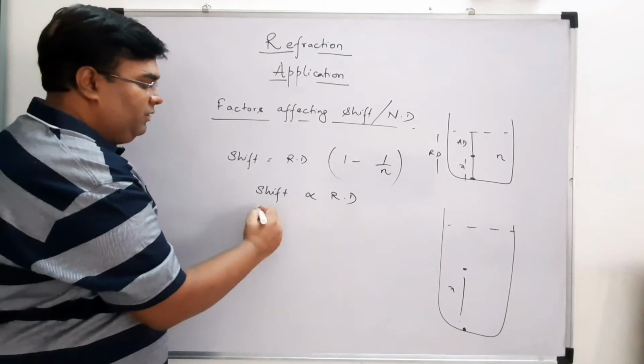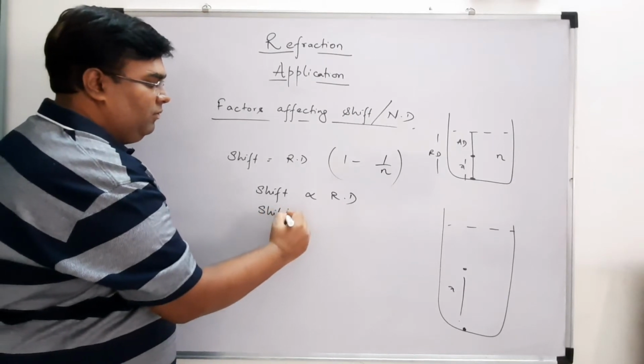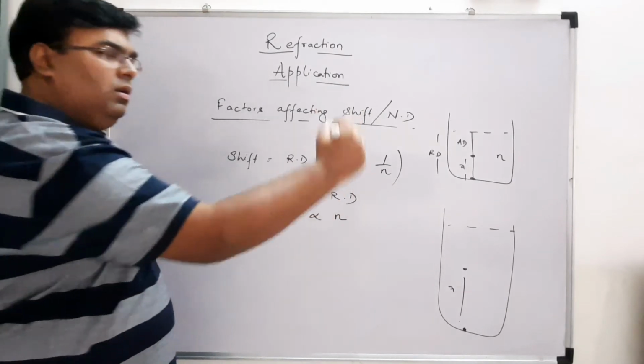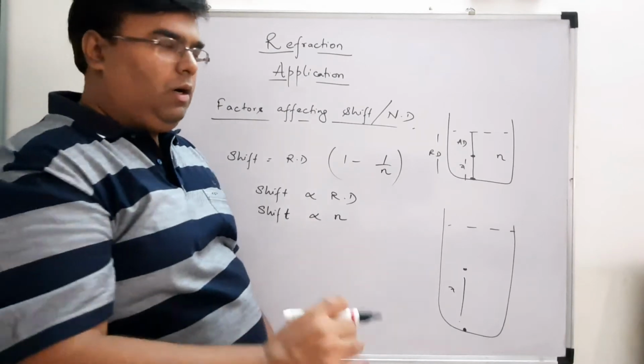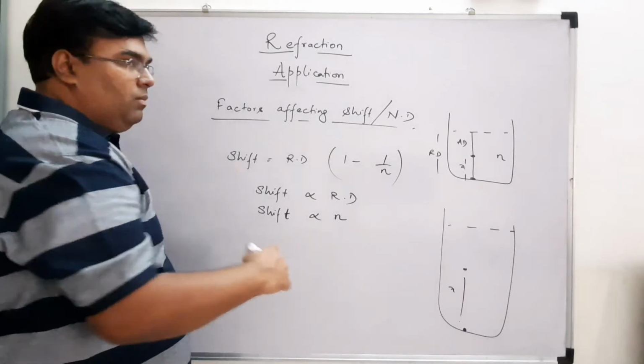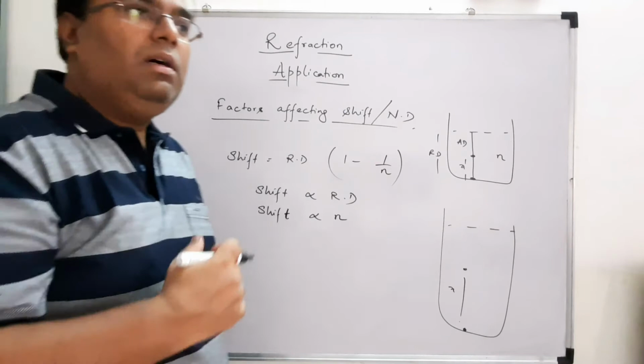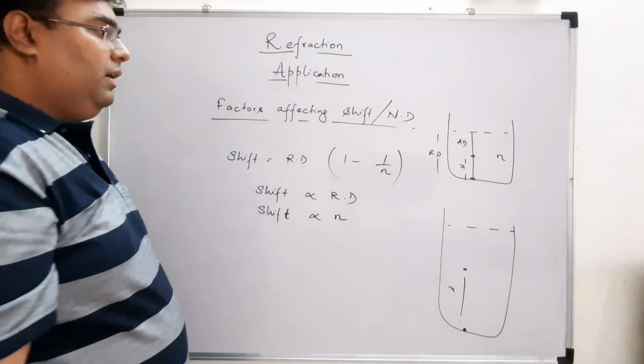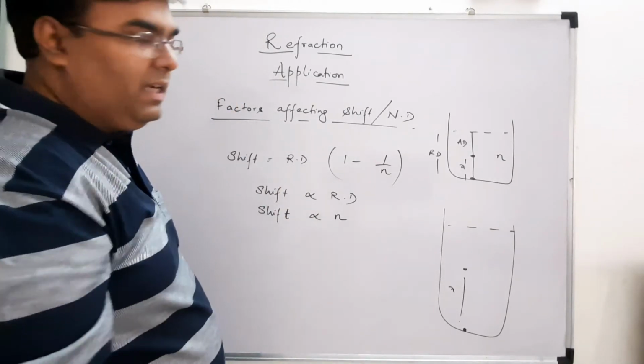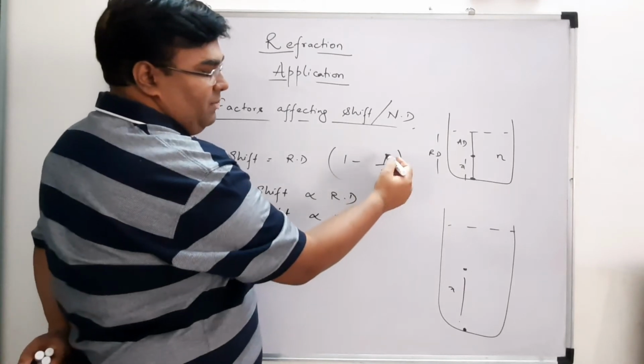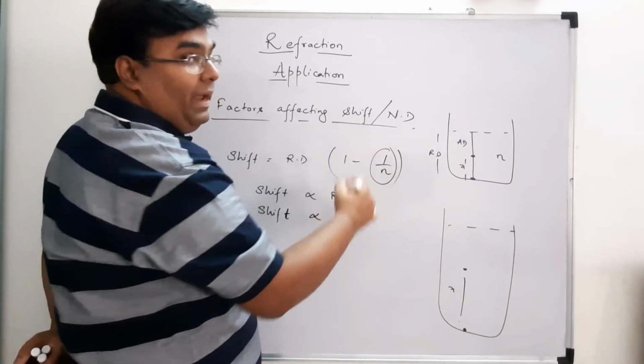Similarly, shift is directly proportional to the refractive index also. More the refractive index, more will be the shift. Understand this. If you get a higher refractive index, it means a lower value of 1 by n.